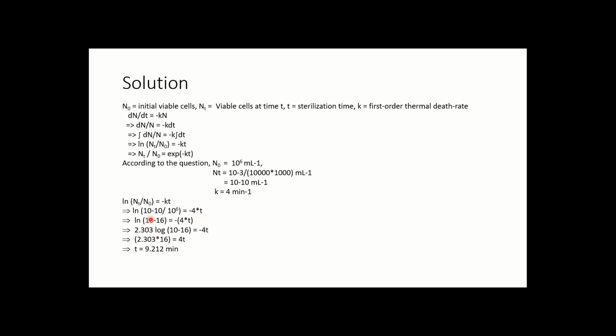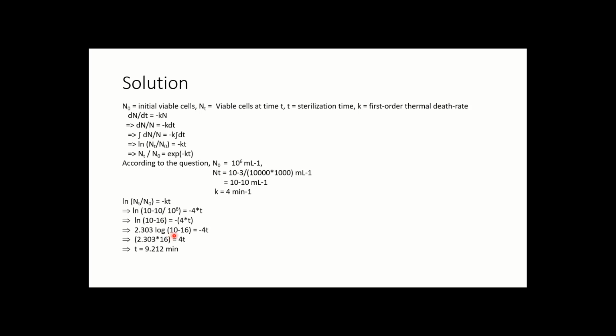So ln 10 to the power minus 16 equals minus 4t, and we know that ln x equals 2.303 log x base 10. So 2.303 log of 10 to the power minus 16 base 10 equals minus 4t.